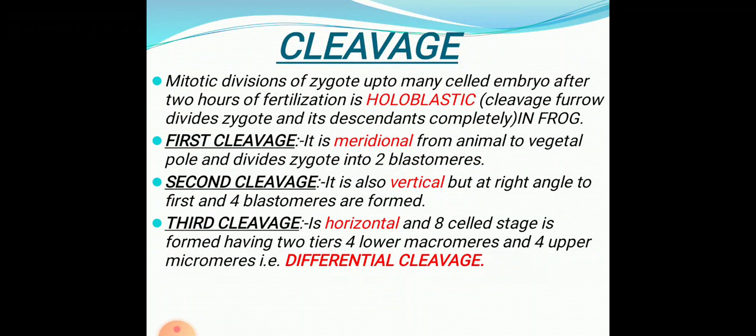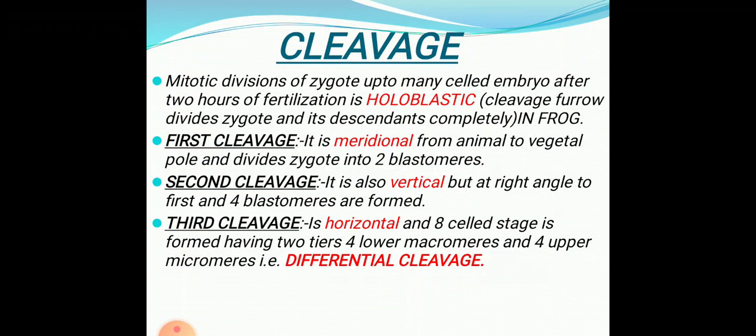And the third cleavage is latitudinal, occurring slightly above the equator, that is towards the animal hemisphere. So this results in the production of 8 blastomeres, of which 4 are smaller and another 4 are larger.